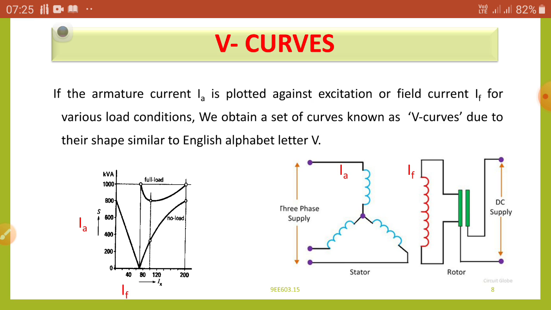You can observe the armature current is initially high and goes on decreasing to one stage. At the same time, the power factor goes on increasing. At one stage, the needle of the power factor meter comes from lagging power factor to unity power factor, then goes on increasing further.